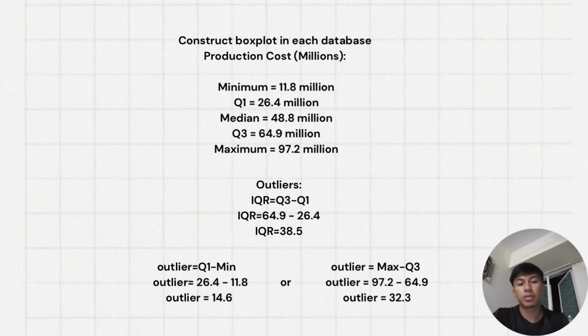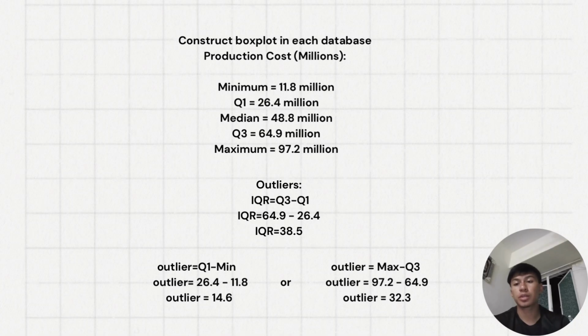And for the box plot for profit margins: minimum is 16.3%, Q1 is 21.2%, median is 23.6%, Q3 is 26.05%, and maximum is 31.2%.